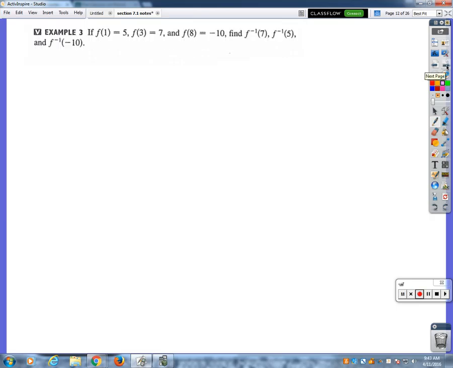Okay, so here's a fun one. If you can get these correct, then you're in really good shape. So if we know that f of 1 equals 5, f of 3 equals 7, and f of 8 equals negative 10, what is f inverse of 7, f inverse of 5, and f inverse of negative 10? You just switch them around, right? So f inverse of 7 is really saying go backwards, start here and go there.